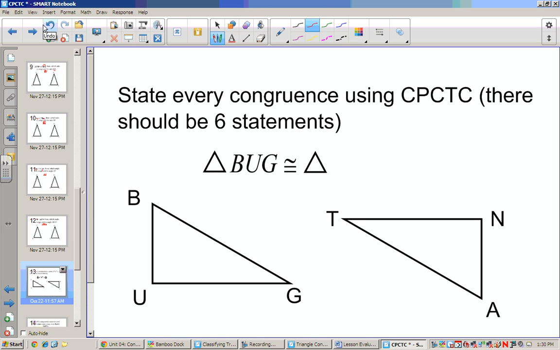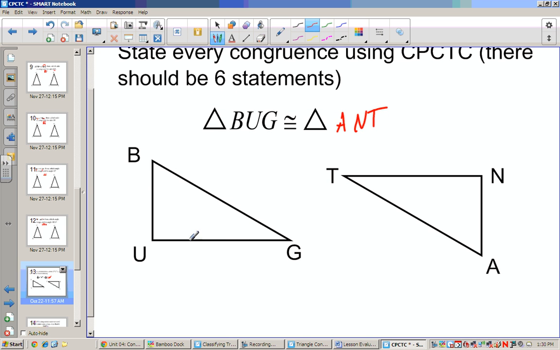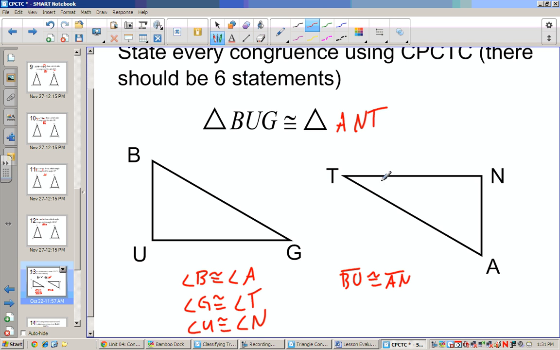So state every congruence using CPCTC, and there should be 6 statements. Well, first, BUG is the same as ANT. BUG will be congruent to ANT. So to state every congruence, we would say angle B is congruent to angle A. Angle G is congruent to angle T. And angle U is congruent to angle N. Also, BU are the first two letters, just like AN over here.